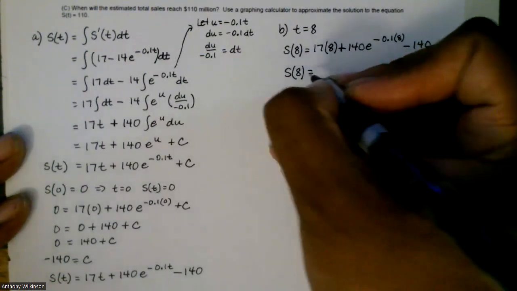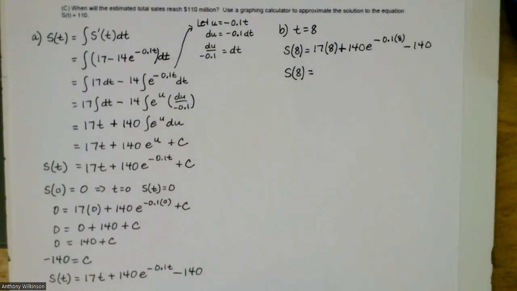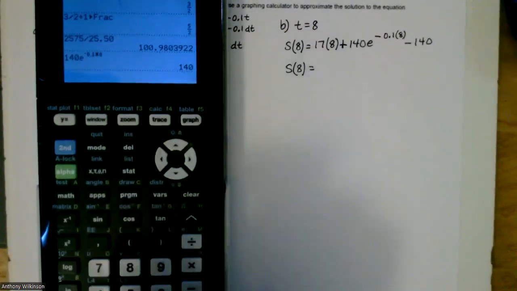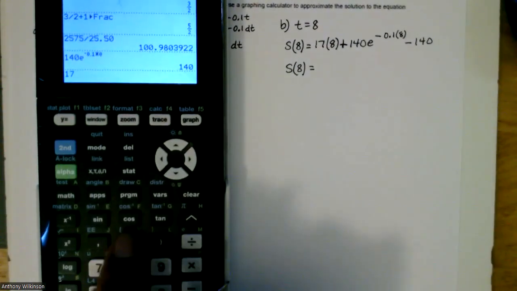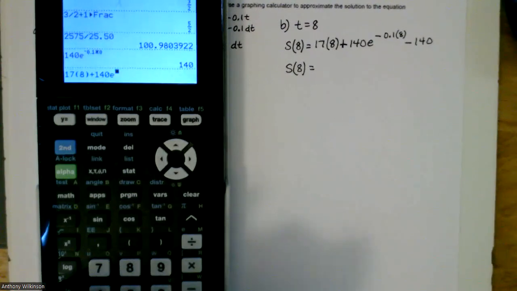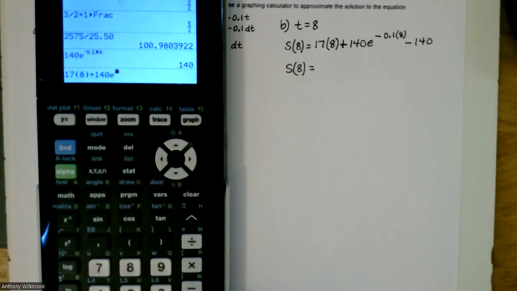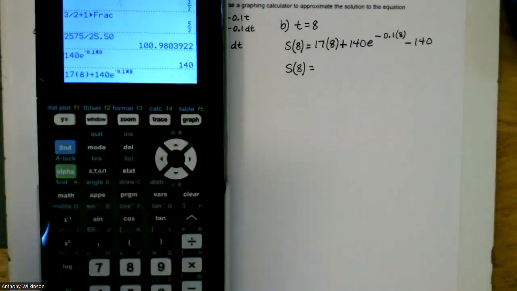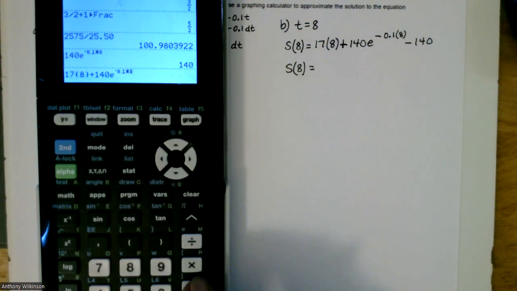Now, all of this I'm going to put in the calculator. So here I'm going to have 17 times 8, and then plus 140 for the e, second ln, and then negative 0.1 times 8. Then I'm going to use my right arrow key to get out of the exponential part, minus 140.